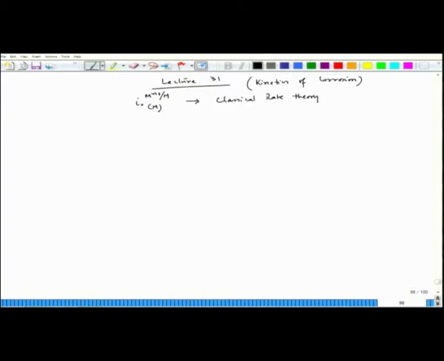So, it has to have a barrier, which is called the activation barrier, and once it crosses that barrier it goes to the other surface, and this barrier height decides the rate at which this metal would go from one surface to another.